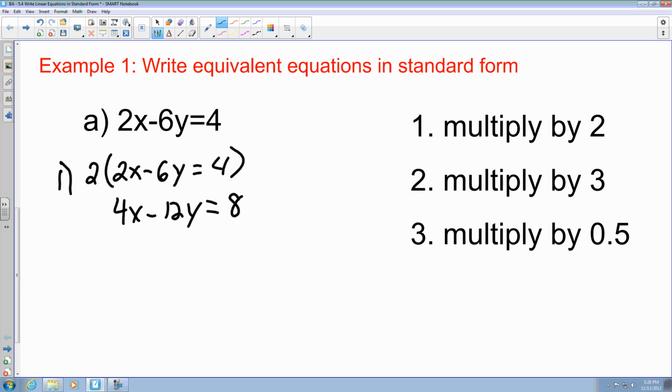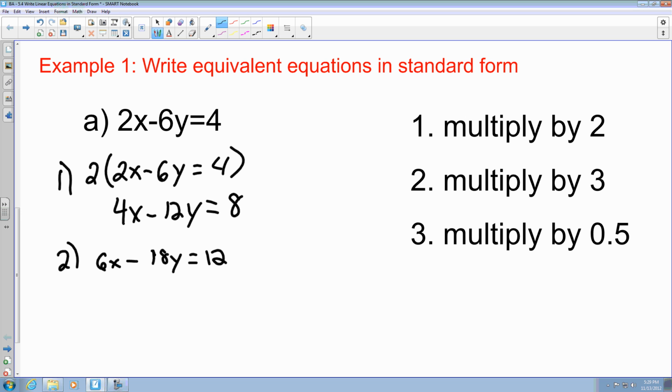For number 2, I'm asking to find the equivalent equation if you were to multiply it by 3. Same rules apply, and we're going to multiply every number by 3. So it would be 6x minus 18y equals 12.